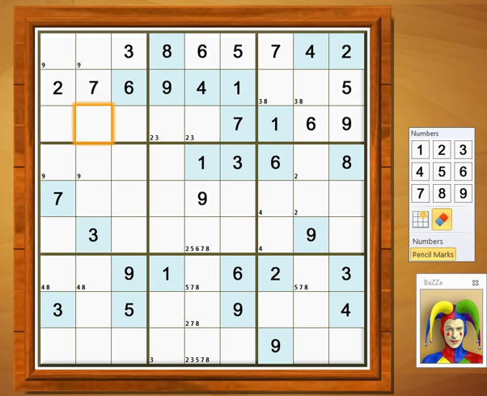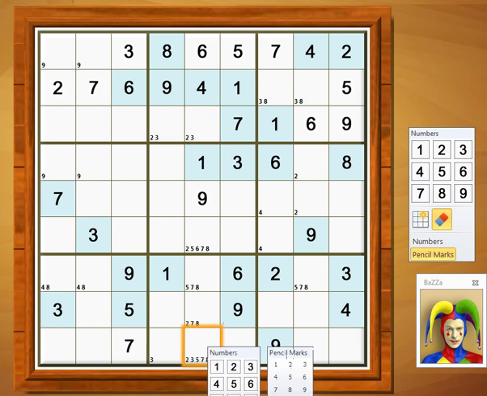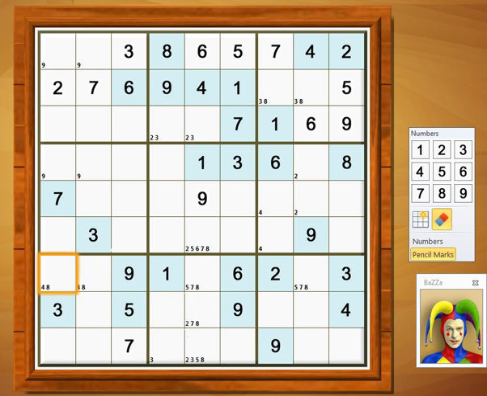And if you notice, we've got this column is 7, this column is 7, and there's only one square, so that has to be the 7. And we just pencil out these 7's over here. And again, we've got two numbers here, 4 and 8. So nothing else in this line can be 4 and 8. So we've got to take out the 8, take out the 8, and that makes these two 5 and 7.